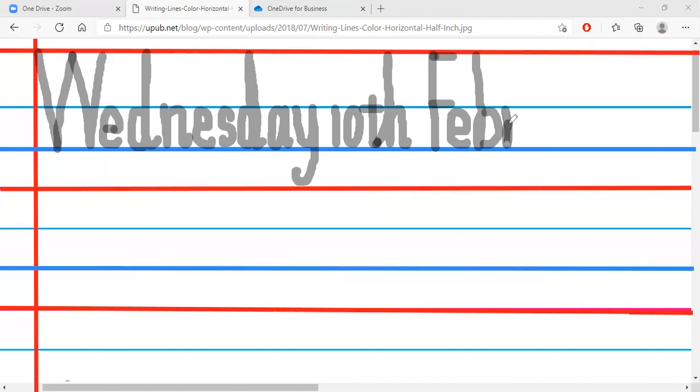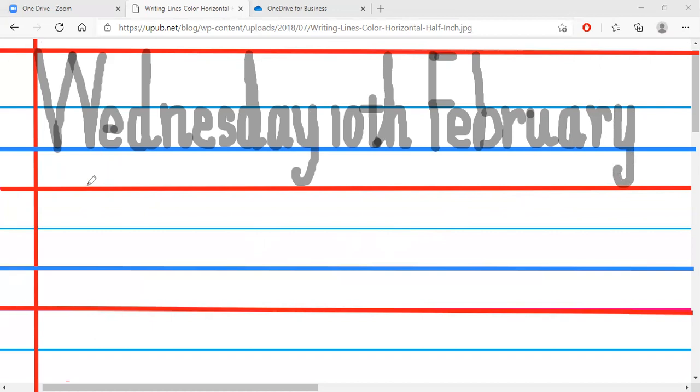R, U, A, R, and Y. And of course, the Y's tail touches that red line and curves it.